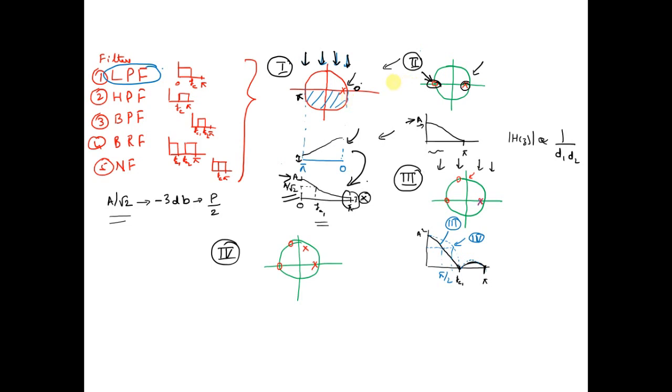Say for example, it is 0.9, so it would be 1 by 0.1. However, in this case, the gain would be 2 divided by 0.1. So over here it is 20, here it is 10. So keep this in mind.